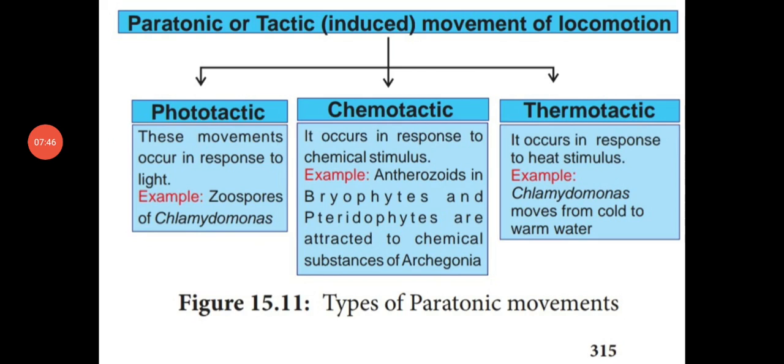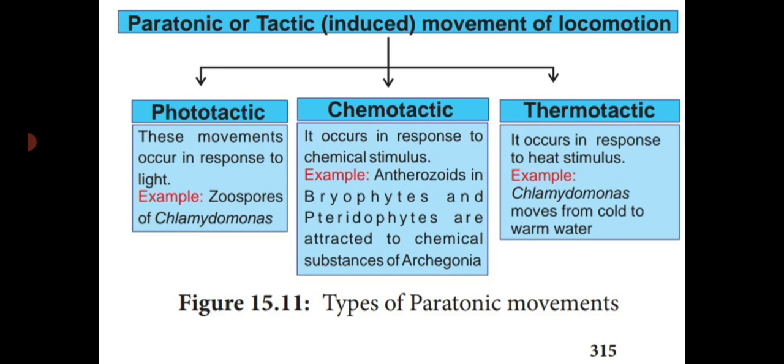This is another flow chart showing the paratonic or tactic movement of locomotion, which is again divided into three types. Phototactic, that means the movements occur in response to light. Example, zoospores of Chlamydomonas. Chemotactic, response to the chemical medium.